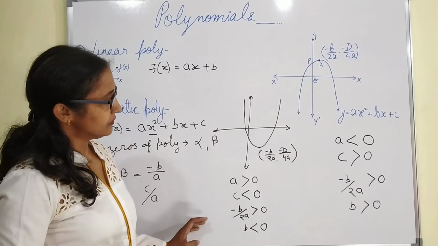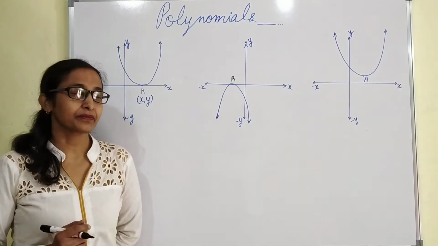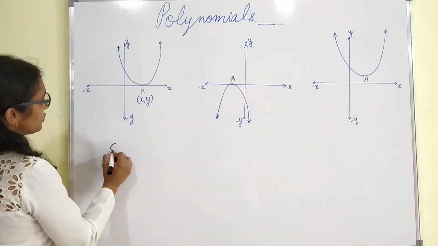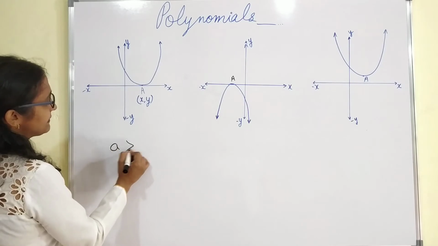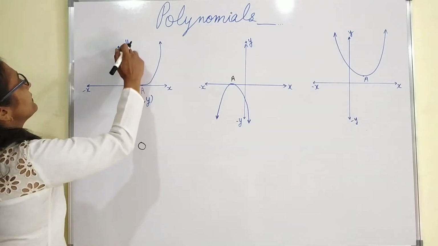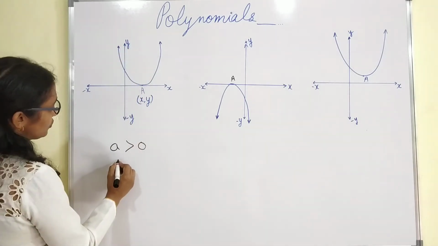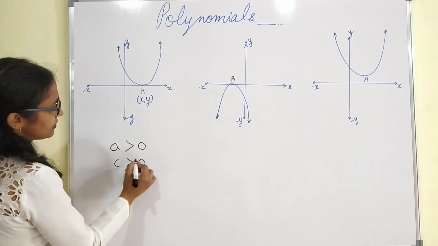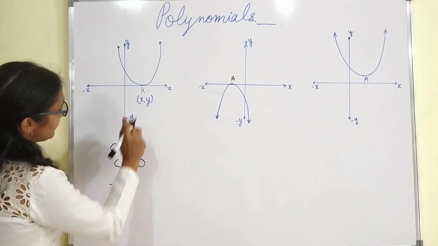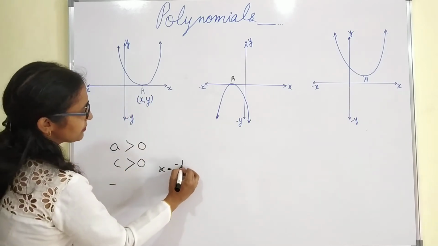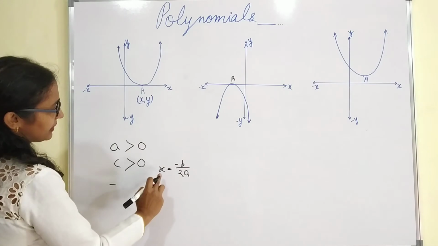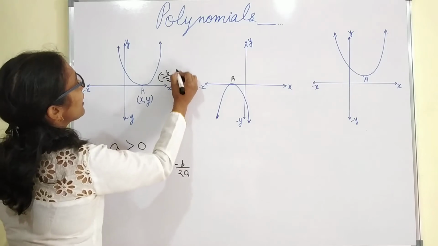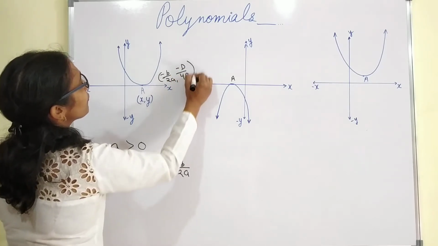Okay. Now, more examples. Next example is this. Since parabola is opening upward, value of a is greater than 0. It is intersecting y-axis in positive direction, so value of c is also greater than 0. Now, value of b: here x equals minus b upon 2a, because it is the vertex, minus b upon 2a and minus D upon 4a.